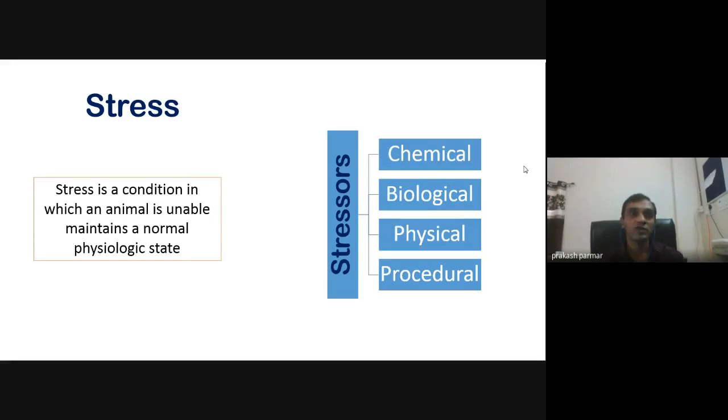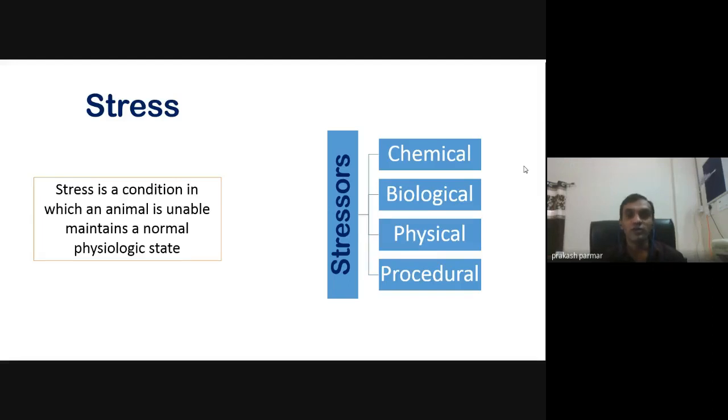So the stress factor is very important, and almost 90% of the diseases are related to stress. If you want to manage the health of aquatic animals, we have to manage the stress factors, and then manage the host, pathogen and environmental infections.